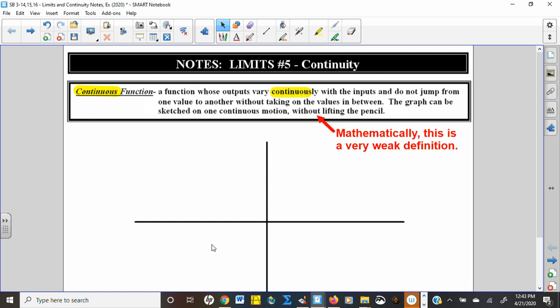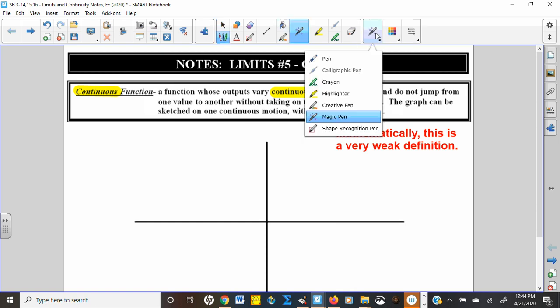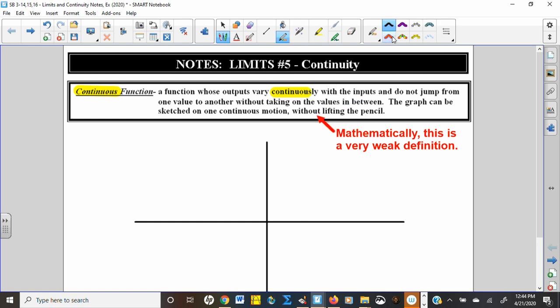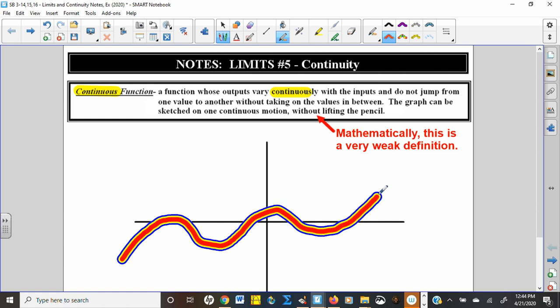And so this is why all the way back in Unit 1, we had to go with more of an intuitive definition. We had to say it's a graph that we can draw with one continuous motion without lifting the pencil. So if I had a graph here and I came through and I never had to take the pen, pencil, whatever off of the paper, there's continuity.